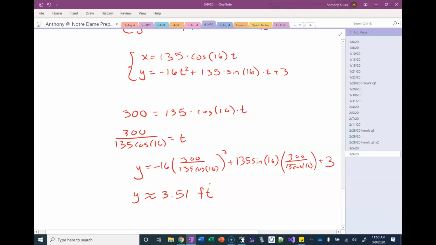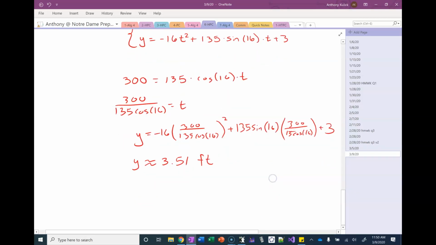So when I type that all into my calculator, I get that y is about 3.51 feet. So did the ball clear the fence? What do you guys think?